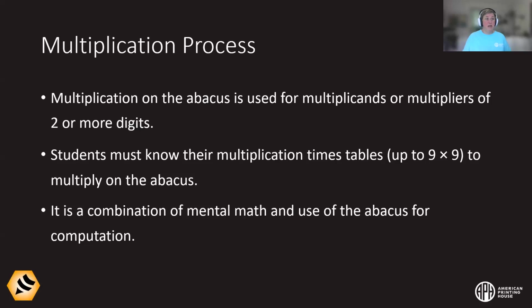That occurs in 3rd grade, but the student is often more proficient in 4th. As you will soon experience, multiplication on the abacus is a combination of mental math and the use of the abacus for computation. So if you're rusty on your 9x9 times tables, you might want to practice it and then listen to this later.